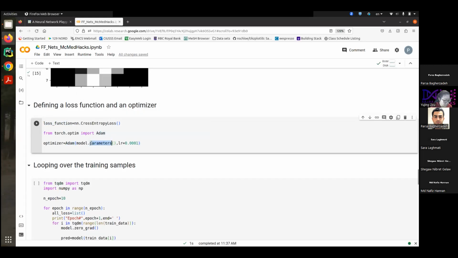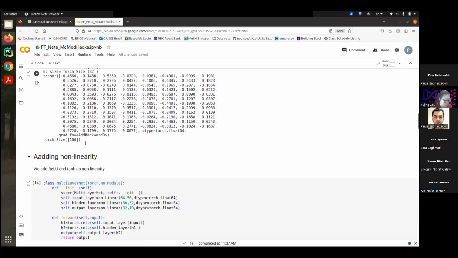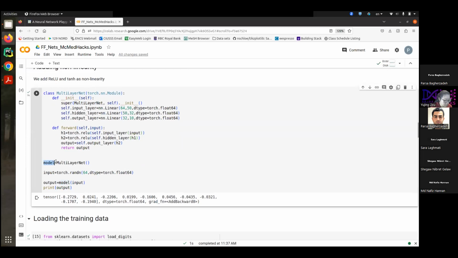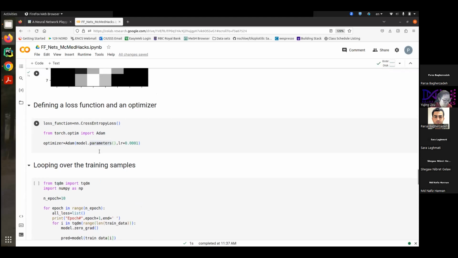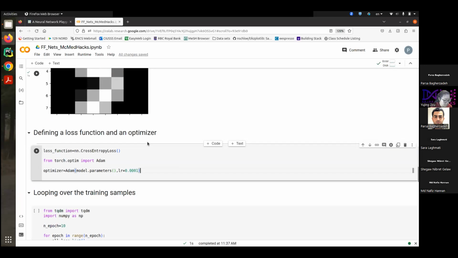I'm giving the parameters of my model that I defined before. Here you see I have a multi-layer net model. It has a set of parameters, right? What are the parameters for this model? These layers, these projections that are trained. And I'm saying your learning rate is this. You can experiment with this learning rate and see what is the effect of this learning rate.